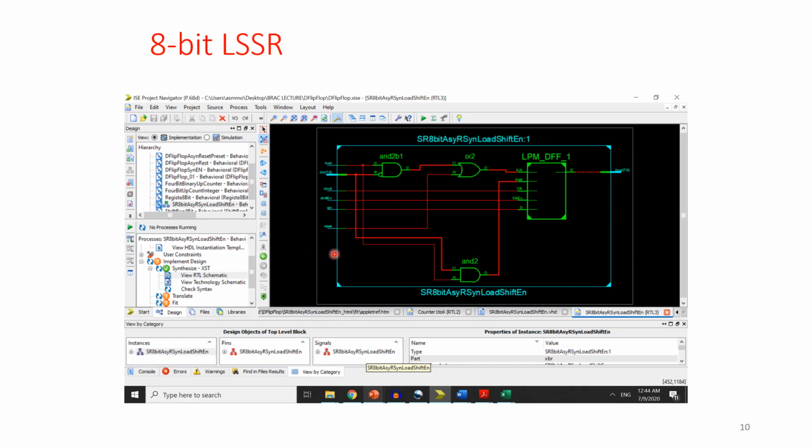So this outer part is basically your top level. You have reset, shift enable, clock and all other things, and within that you have the architecture whatever you have described, right? I think it's clear to you now. Okay, thank you.